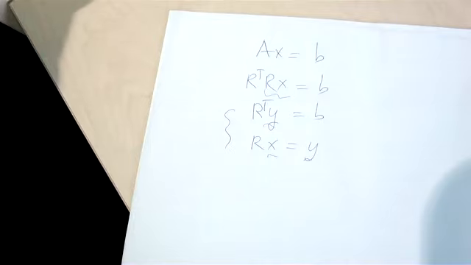Epsilon is machine epsilon, and this one is just the condition number. And rho n was given before, it is this number.